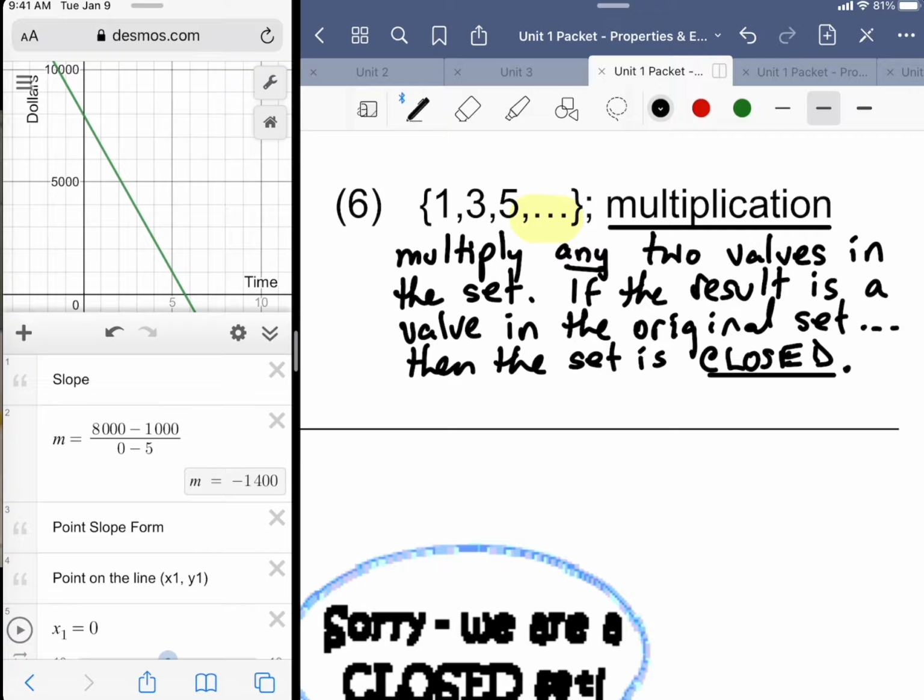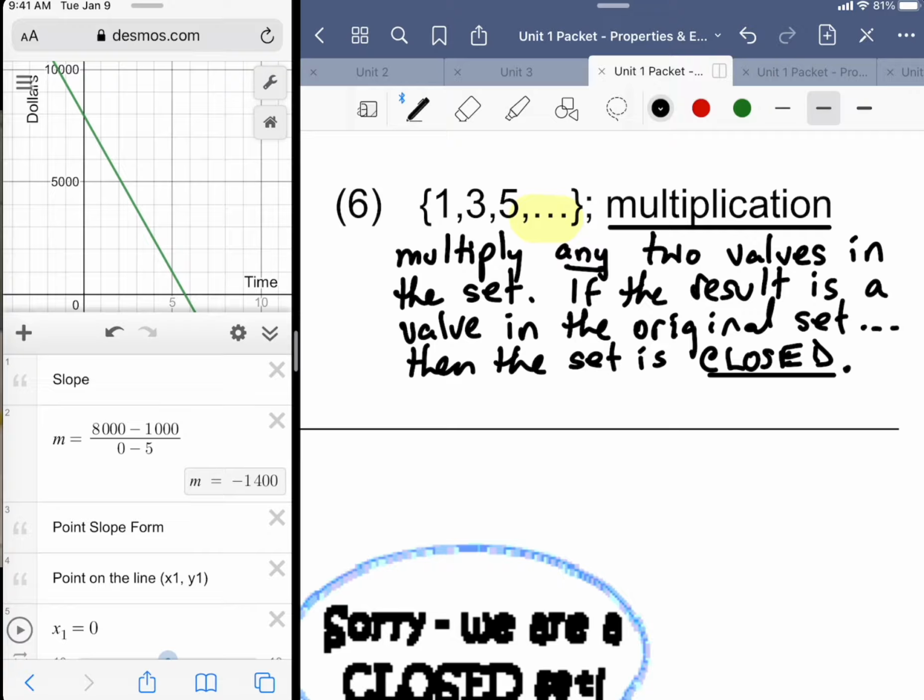Now there are infinitely many values between 1 and infinity. But they're all odd. So what I'm asking myself is, can I multiply any 2 values from the set of positive odd integers and end up with a value that is only going to ever be a positive odd integer?